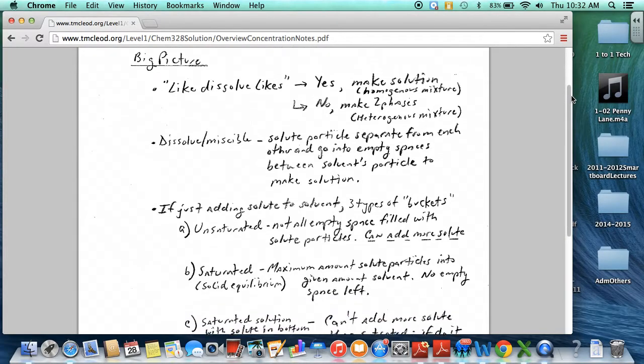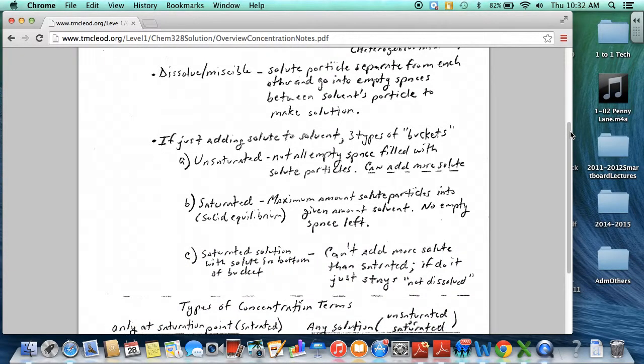The other big thing about solutions is that the solvent doesn't disappear, and the solute does not disappear. What's happening is the solvent particles are separating the solute particles so that they are basically surrounded by solvent particles.